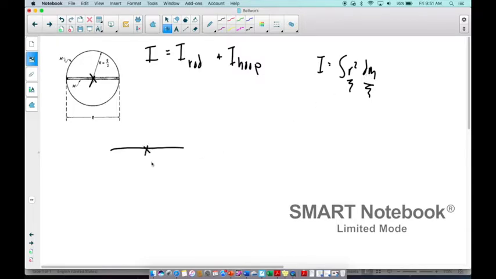So you have to first identify the axis of rotation. If here's my rod, there's the axis of rotation right in the middle. And I like to first identify my little mass piece. So there could be a mass piece dm, just like that. And already we're thinking that we're going to have to relate mass to location, to position, so I'm probably going to have to use density to do that.